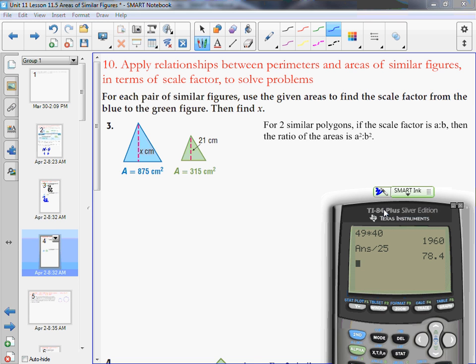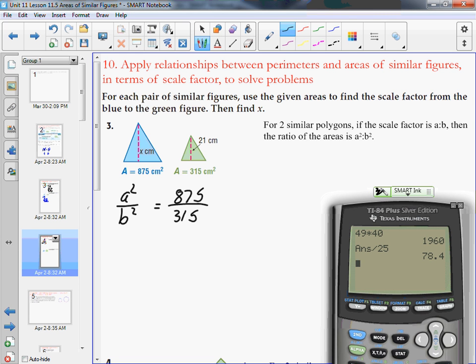All right. So we're not able to figure out a to b, but I am able to figure out a squared to b squared. So since the ratio of the areas is 875 to 315, that has to equal a squared to b squared, doesn't it? Okay?